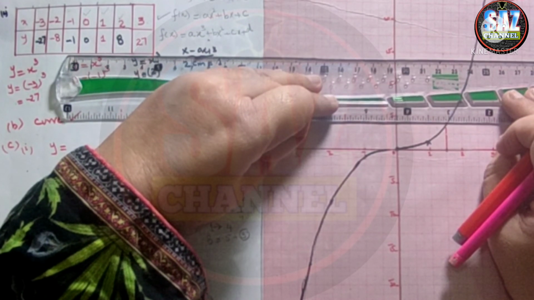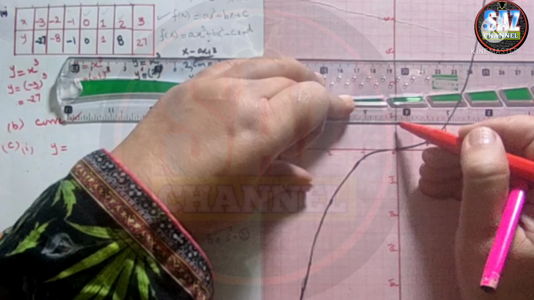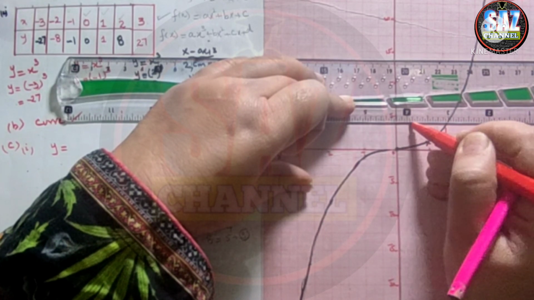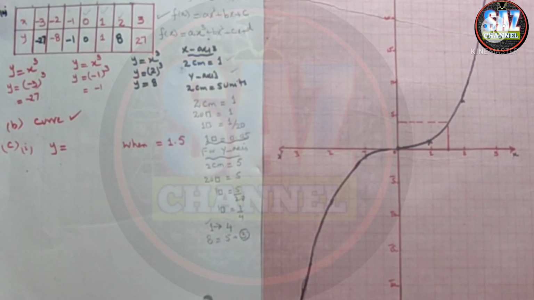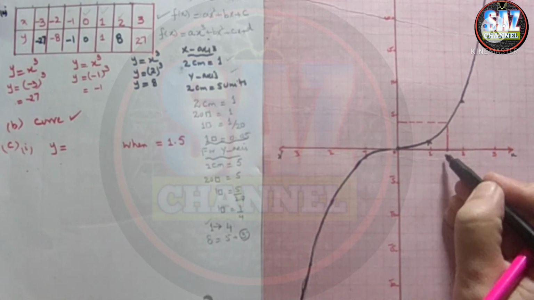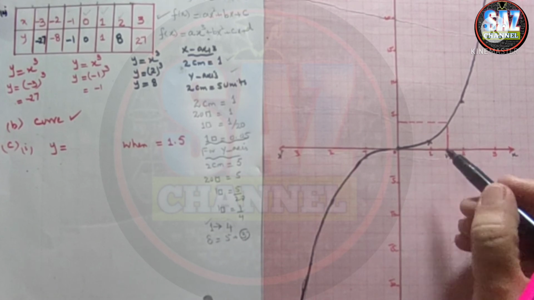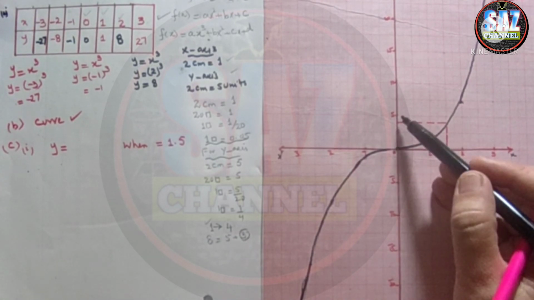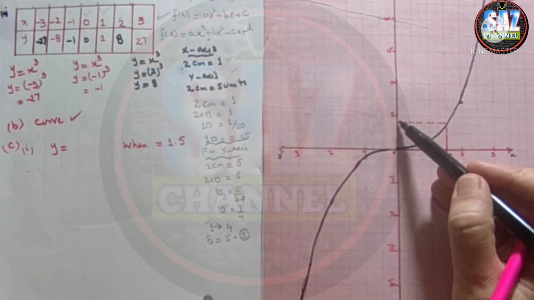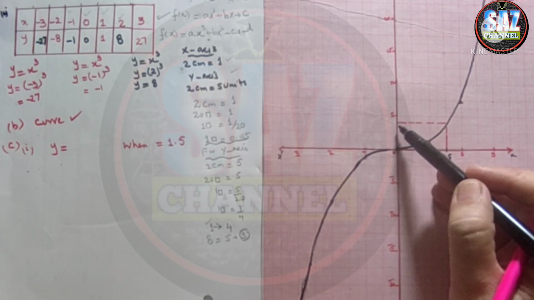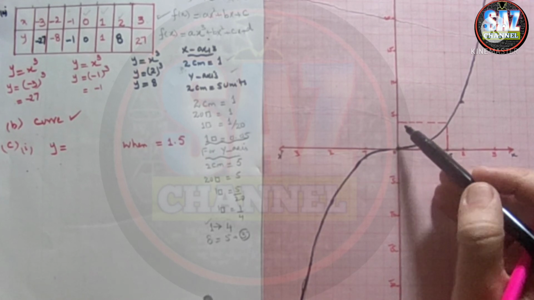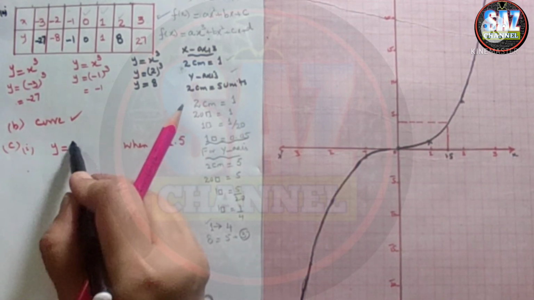And then what you have to do, you have to join this line with the y-axis so that you can read. It can have a slight fluctuation in the value. It depends upon the accuracy of the graph and the thickness of the pencil as well. This is x equals 1.5. Now let me see what value is coming. See, it is meeting 1, 2, 3 and 4 units before 5. 4 units before 5 means it is approximately 4. y equals 4.